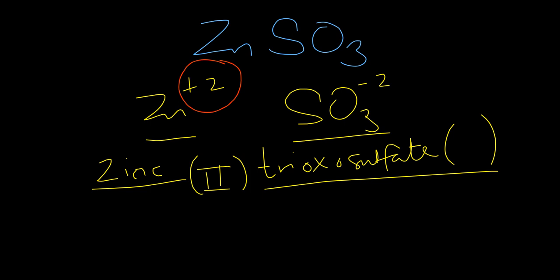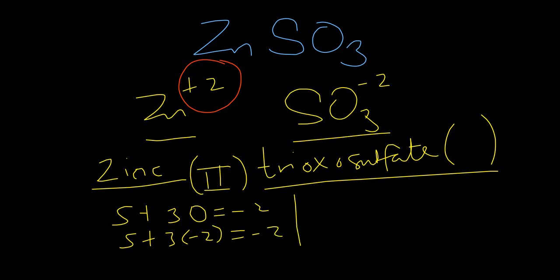So let's calculate that quickly. That will give us sulfur plus 3 of the oxygens equals the charge on the oxo-anion, which is -2. That will give us sulfur plus 3 times the charge of oxygen, -2, equals -2. So this will give us sulfur -6 equals -2.